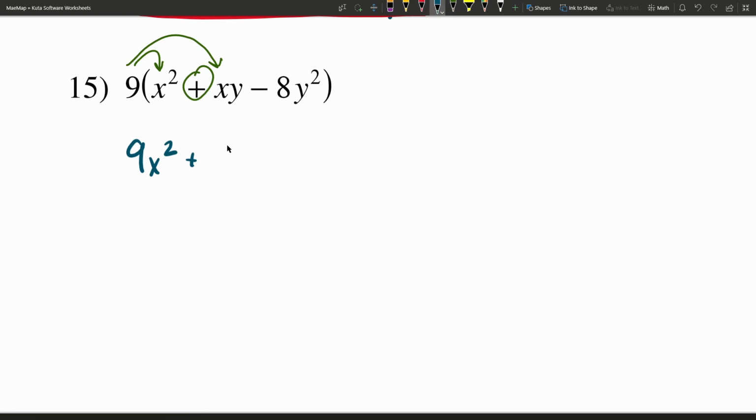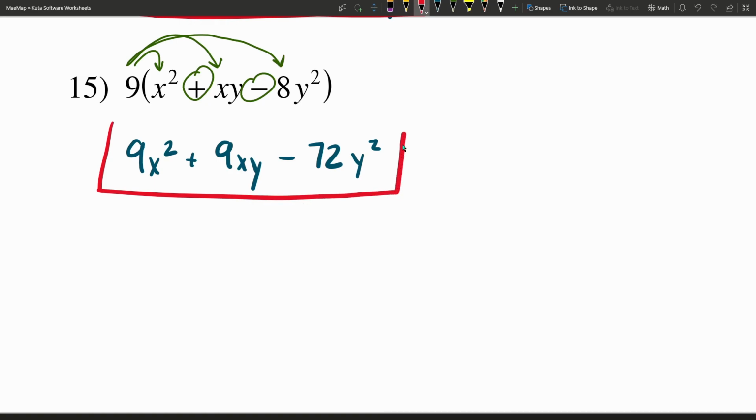So that's going to remain as a 9xy. And then finally, we're going to subtract multiplying 9 by 8y squared. We can do the 9 times 8, that's going to give us 72, but the y squared will still just be as is. So we're going to get 9x squared plus 9xy minus 72y squared as our solution for number 15.